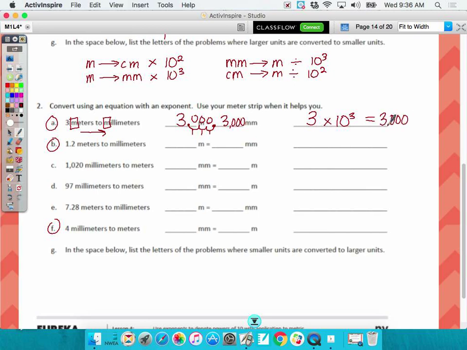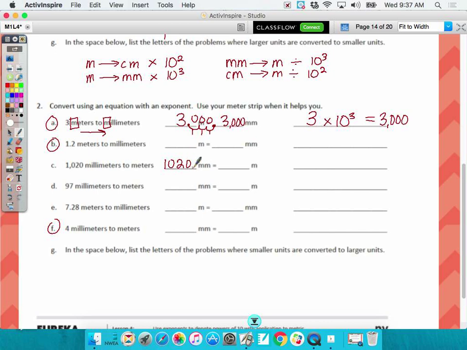Now, does anyone remember the advice I gave you last week about the comma? If I were you, just so you don't get confused between the comma and the decimal, make sure you don't write the comma until you write the answer. Let's say, for instance, if I were going to figure out 1,020 millimeters, I probably wouldn't write the comma over here.